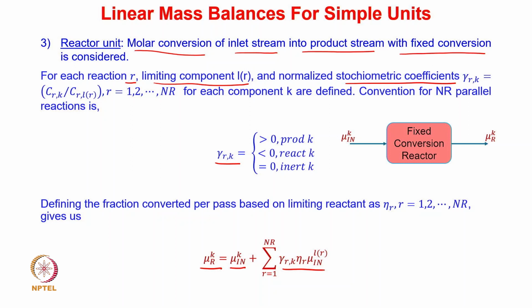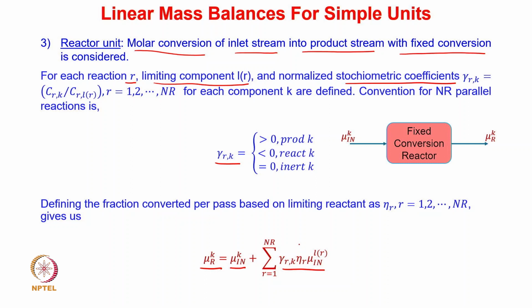So here you can see that this summation is nothing but the summation of gamma Rk into eta R into mu In Lr. Here gamma Rk is the normalized stoichiometric coefficient of the kth component in the Rth reaction.